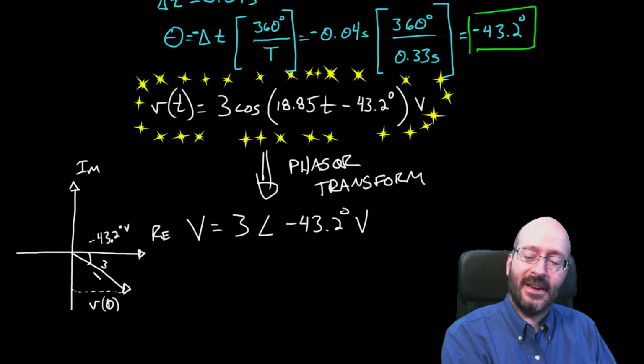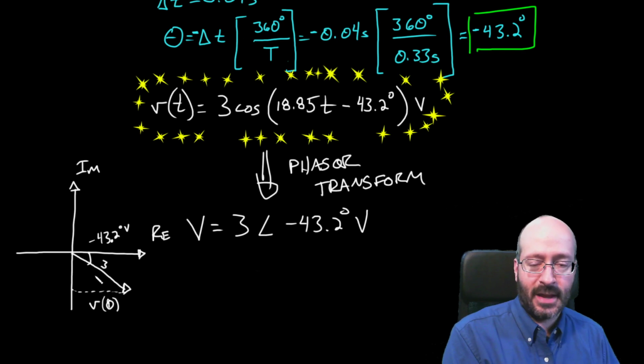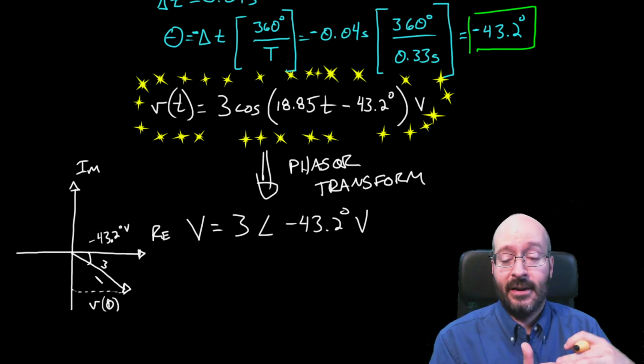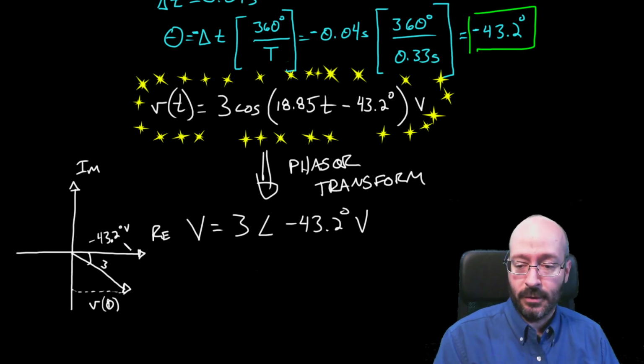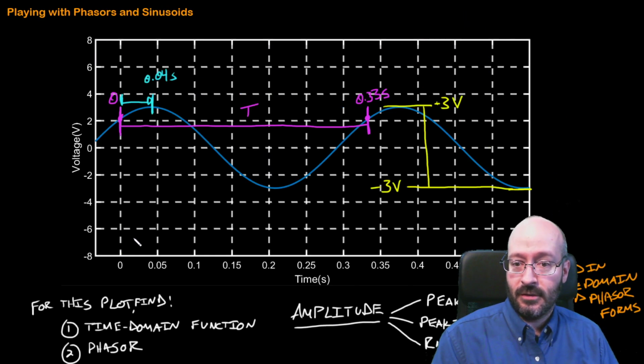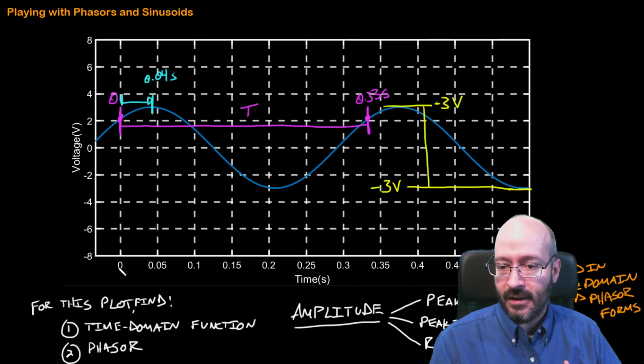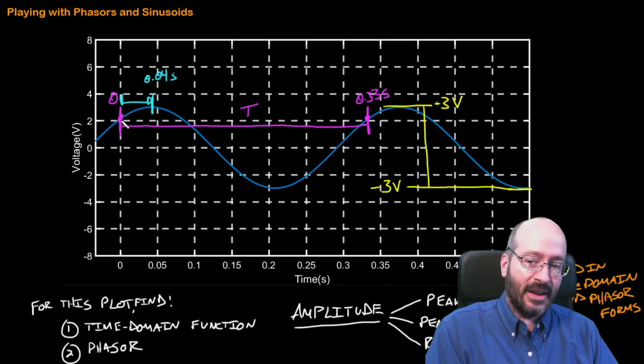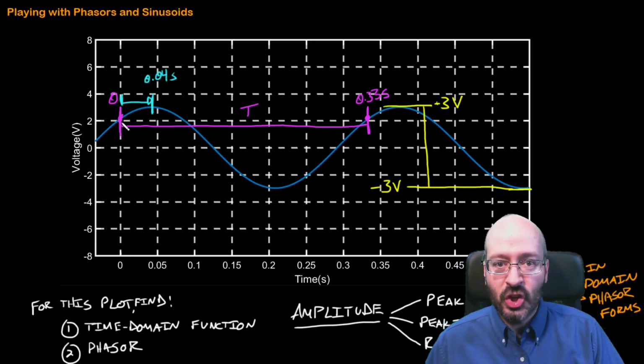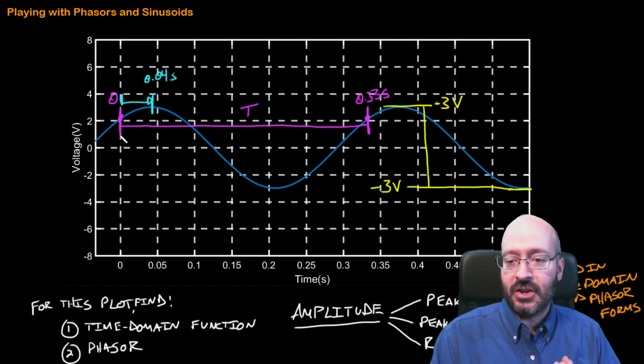It's going to be positive, and it's going to be a little bit less than 3. And if we go check the plot again, we should see that at t equals 0. So if we slide up here, here's 0. It's positive, and it's a little less than 3. It actually looks like it's close to 2. So I feel like we got that shift correct.